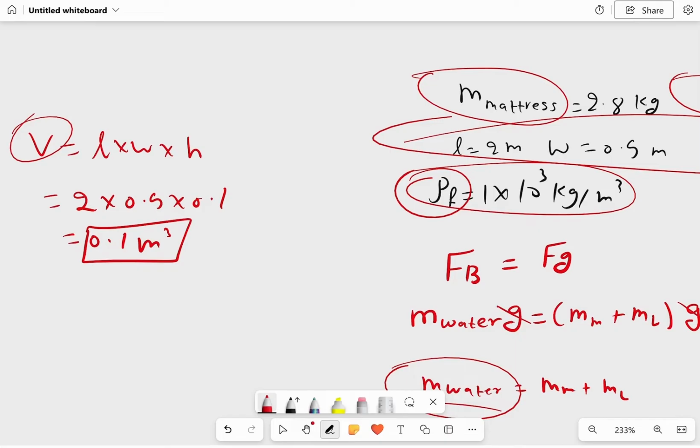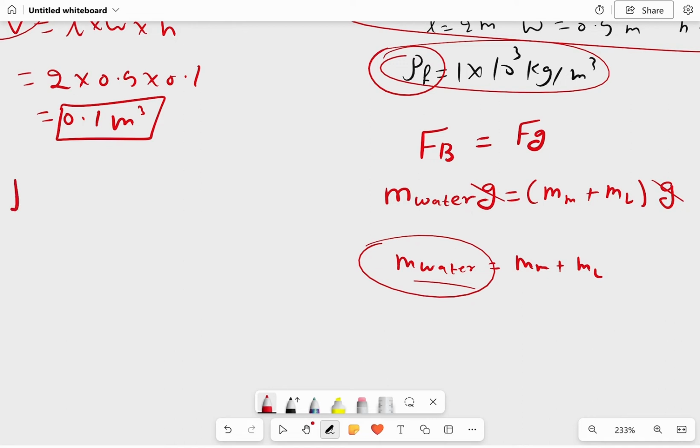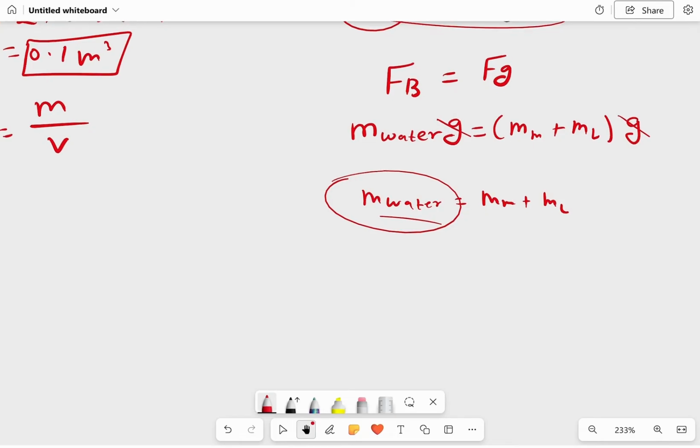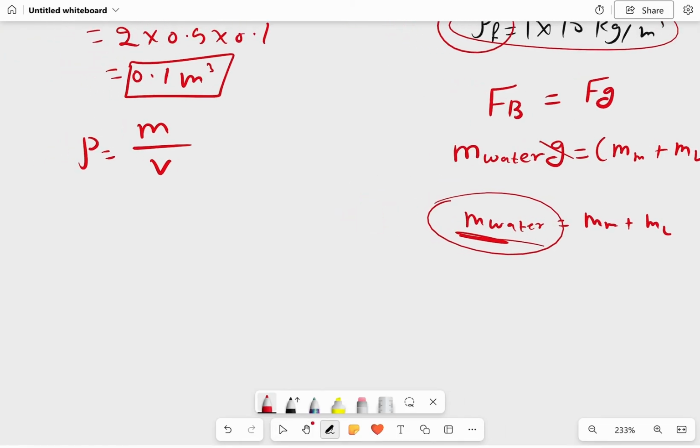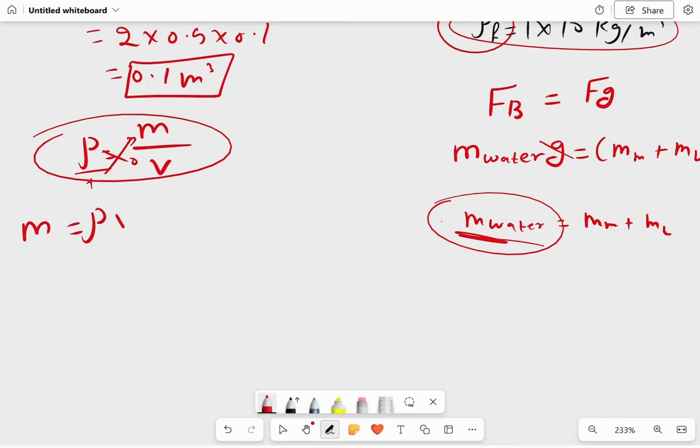Now, I have density and I have volume. Can you make any connection between these two? Yes, density is equal to mass over volume. I have mass here. Can I rearrange this equation and put it here? Why not? Use cross multiplication. Then you have mass, which is equal to rho times V. I have density of the fluid, and I have the volume too.